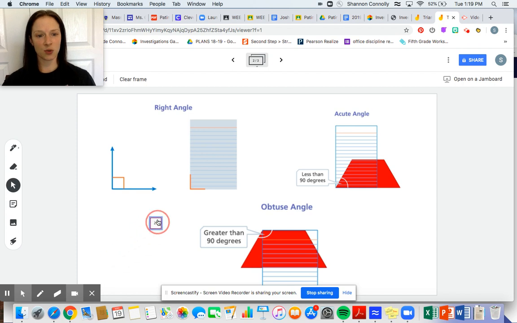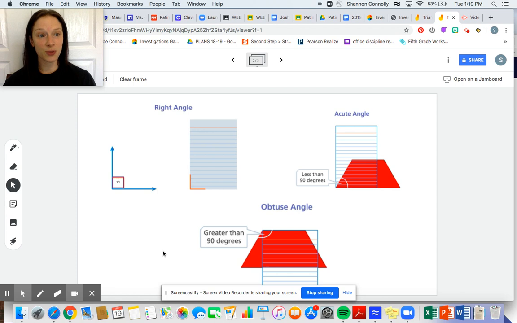So I have this little square here to show you what I'm talking about, in case it doesn't make sense with a piece of paper. So a right angle, when we measure inside where these two lines intersect, it will be exactly 90 degrees. What else is exactly 90 degrees? Well, the corner of a piece of paper, okay? In class, you would have had a square tile to fit in there and say, oh, yes, that fits perfectly.